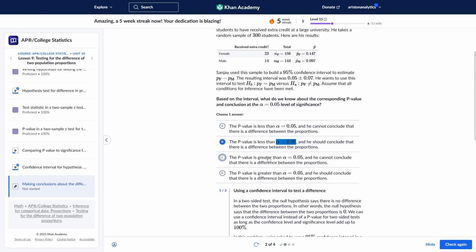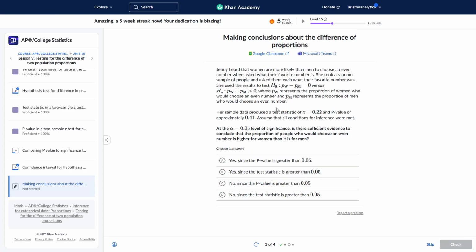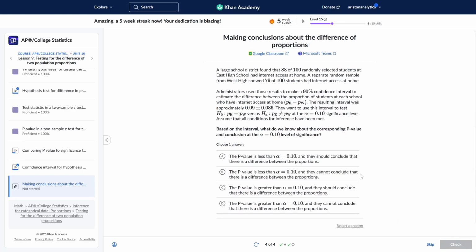Okay. Plus minus. It doesn't contain 0, so we fail to reject.